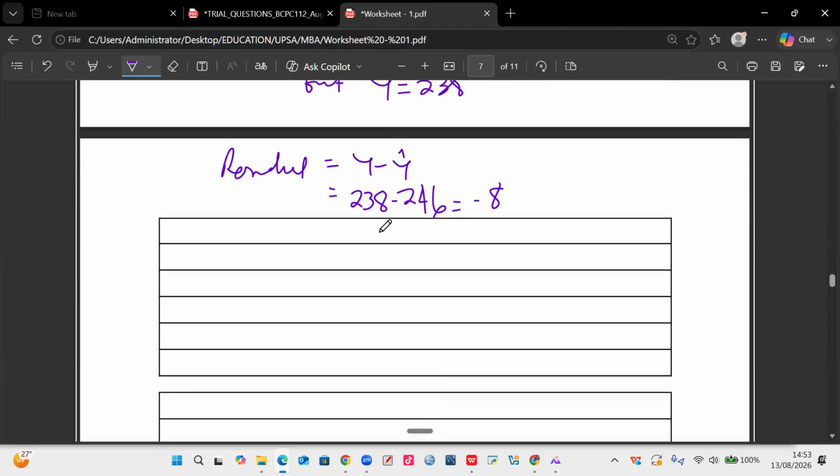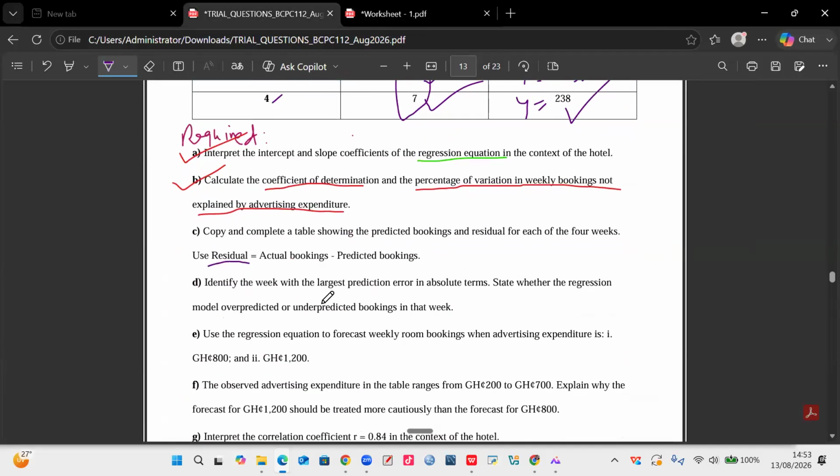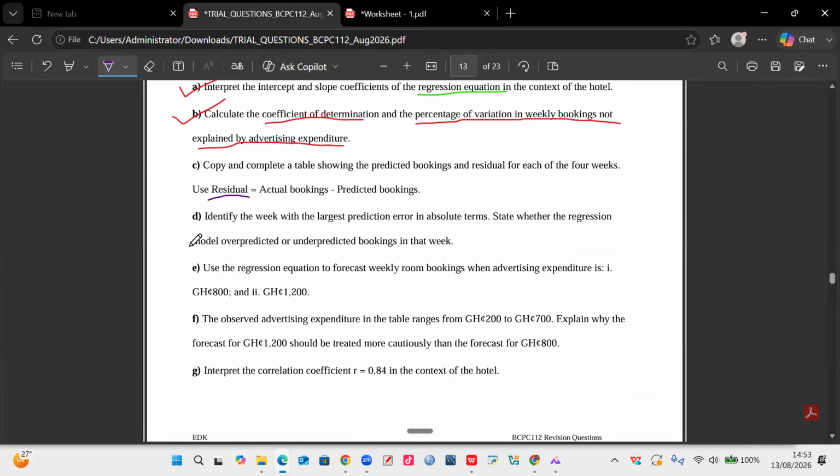Okay, so we are done with this part. Let's move on to the next.